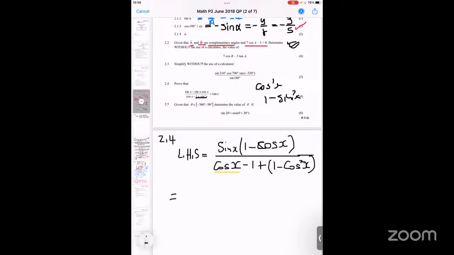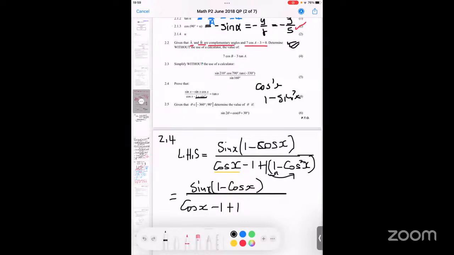Okay, so now already I took out that as common factor. So I'll just continue with it being taken out as a common factor. And then the whole of that is being divided by, I'm now having a minus 1 there. There's an invisible 1 there. Then it's minus cos squared x.